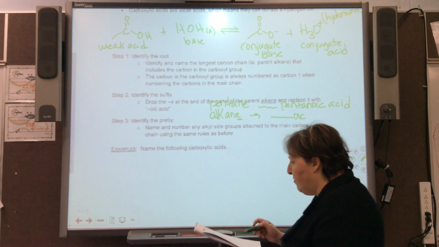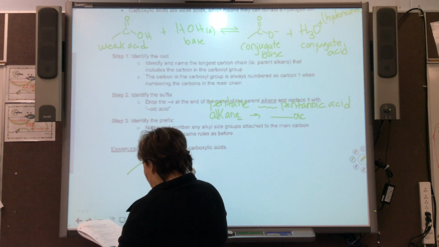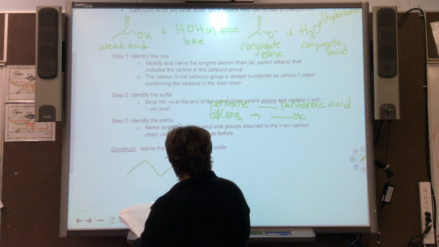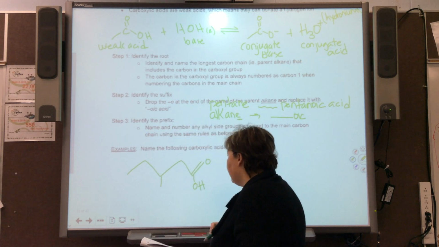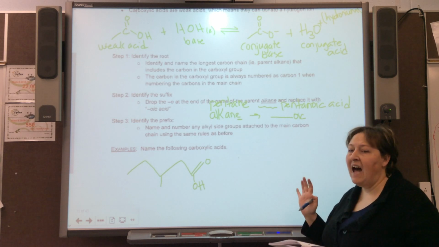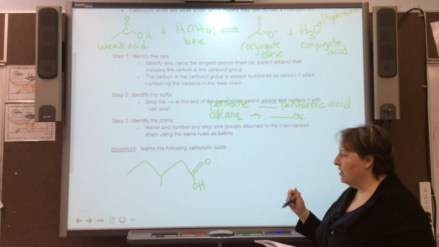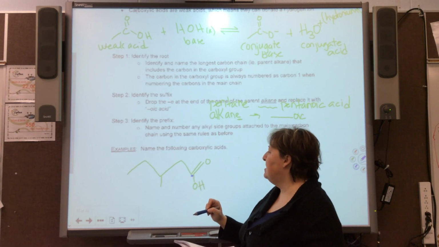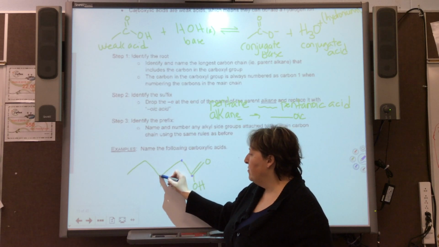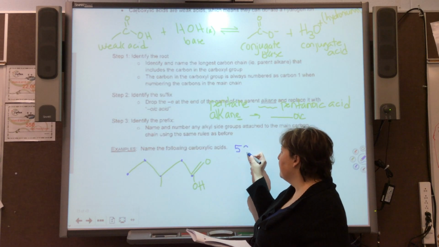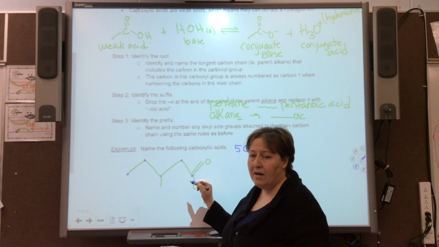Okay, so if we looked at something like this, okay, so our main chain has to include the carboxylic group. We see this double bonded O and an OH, so we know we're dealing with a carboxylic acid. So 1, 2, 3, 4, 5. It's 5 carbons long. We start numbering at the carboxylic acid.